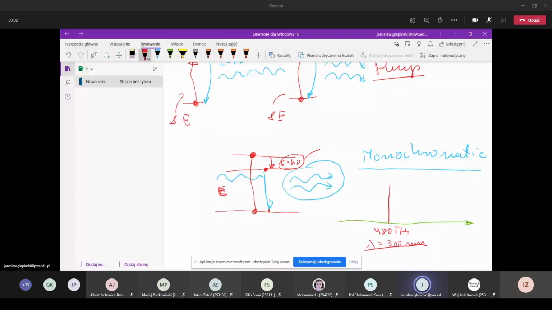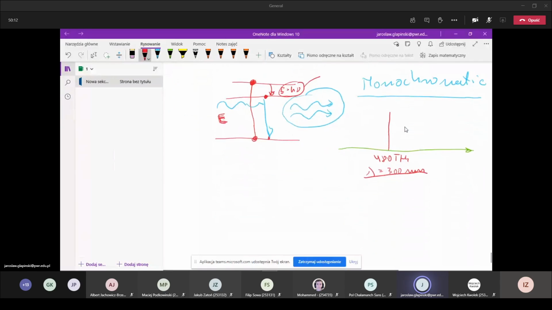It's also coherent. Why? Because this stimulation energy, which causes the drop down of the electrons, is in the same phase as the energy that came from this electron.